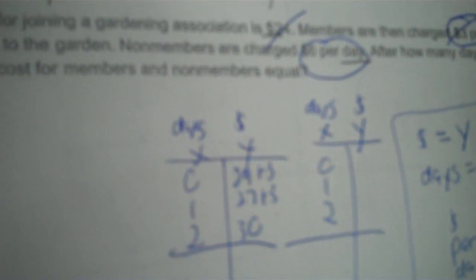So dollars is Y, days is X. So 0, 1, 2, 0, 1, 2. So for the 3, before the 3 add 24, then you add 3 as your slope. 27 plus 3 is 30. So that's it for that.